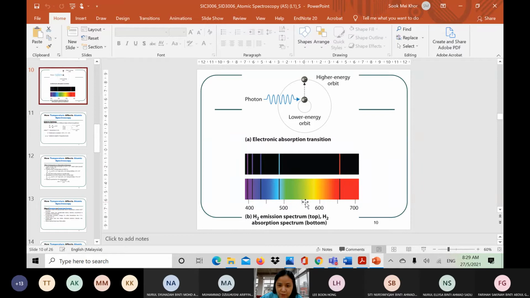To differentiate, in AES it is a colored line, while in AAS it is absorption, because you already absorbed the light. So at that characteristic wavelength you get a dark black line in the AAS spectrum, versus the AES spectrum. Spectrum is singular, right?